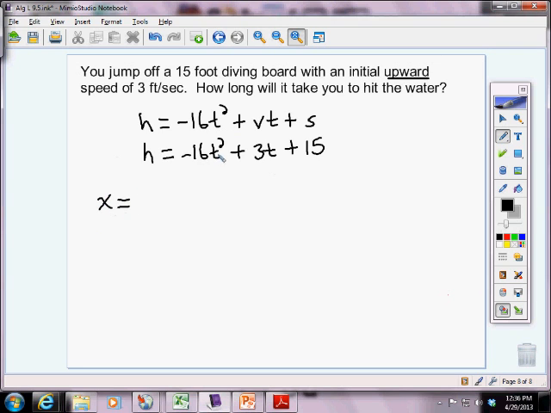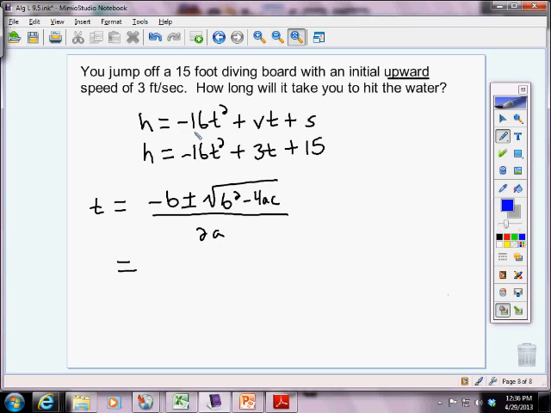I could use t, because that's what we're talking about. How long will it take? How long is our time? It's going to be negative b plus or minus the square root of b squared minus 4ac, all divided by 2a. So let's plug in what we know. ax squared plus bx plus c.